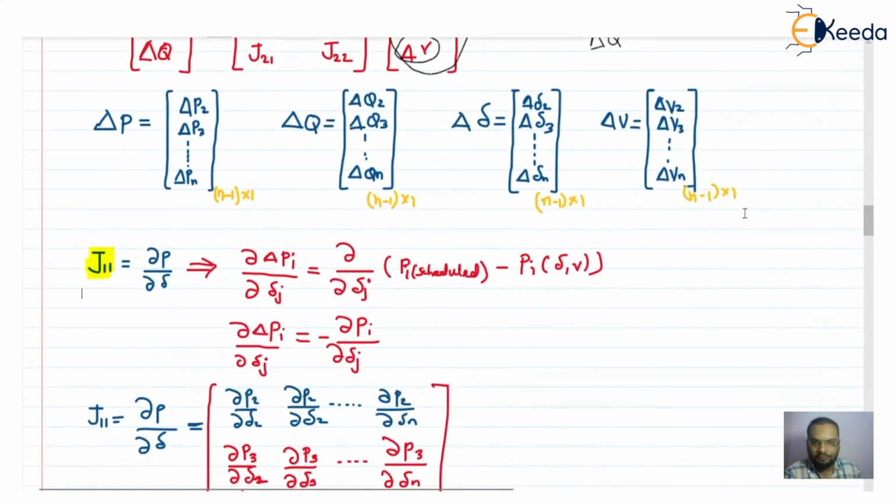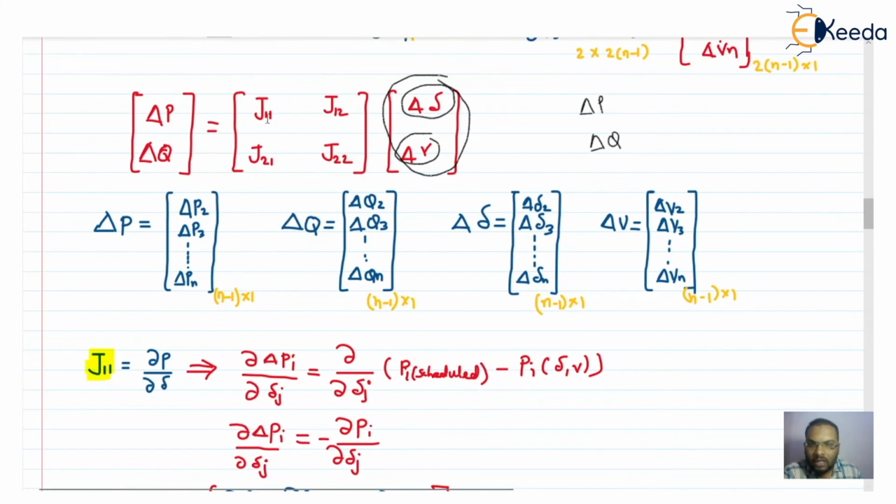You just see here, J11 is nothing but the partial differentiation of this change in P, particularly on the ith bus, with respect to the phase angle on the jth bus. What is change in Pi?